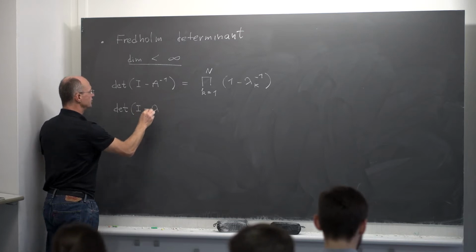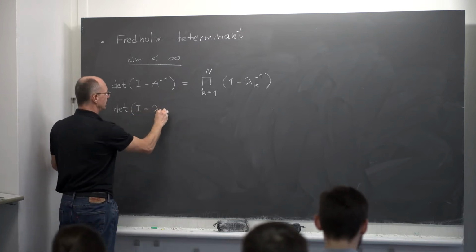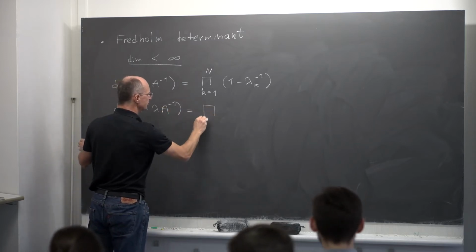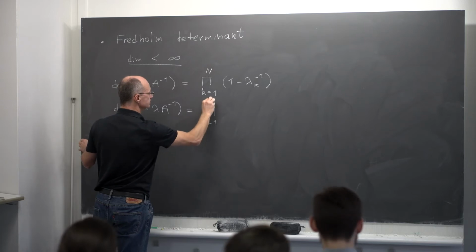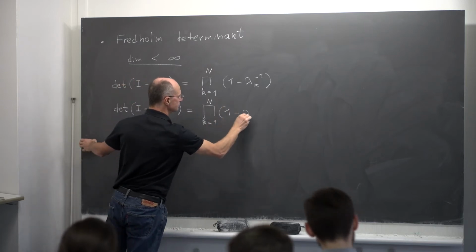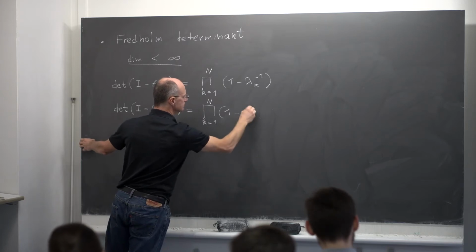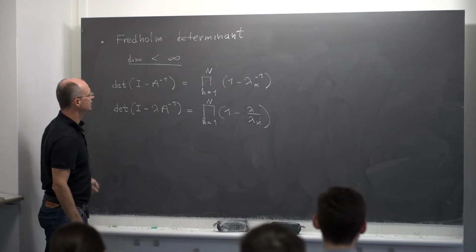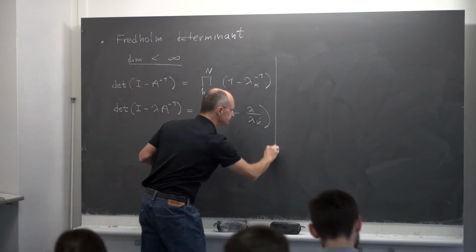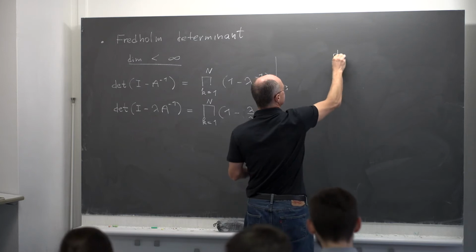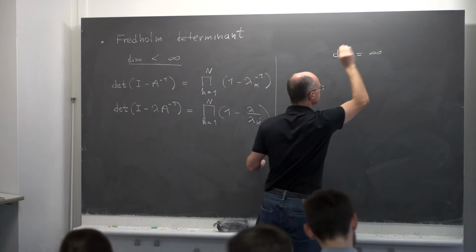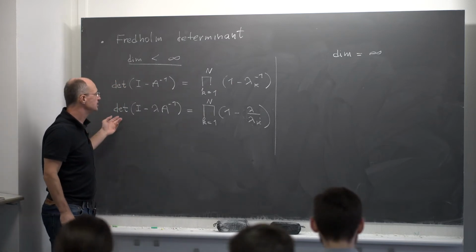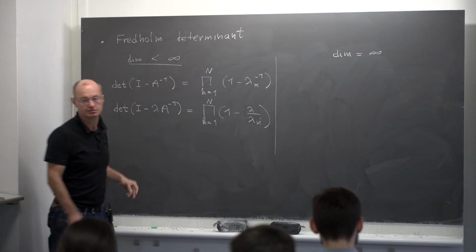Maybe a somewhat more interesting determinant. Let's introduce a variable lambda. So such a determinant will be given by this formula. Now, let's assume that we are in the infinite dimensional setup. Then it turns out we can still use those formulas.